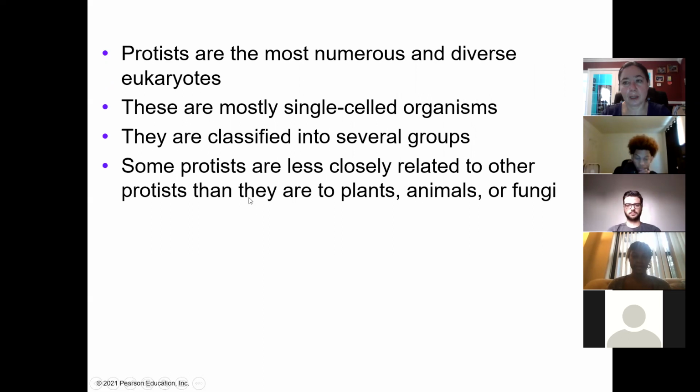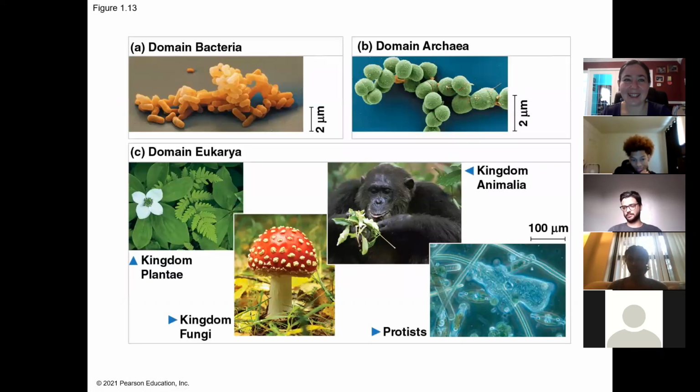Protists are a group that is super hard to classify, because there are so many variations in terms of genes and structure, right? Some are related to plants, some to animals, some to fungi, some not related to anything at all. You just put them into this group, like a dump container, and say, okay, protists, whatever.